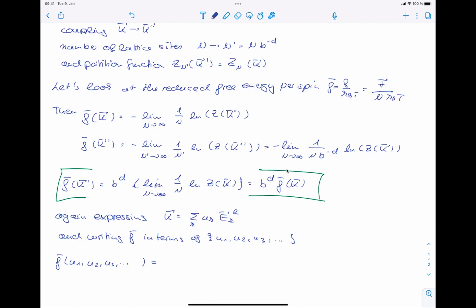So we can write this now as b to the minus d of the transformed state, which is then given by lambda 1 u1, lambda 2 u2, lambda 3 u3, and so on. Remember, so these are the transformed states.